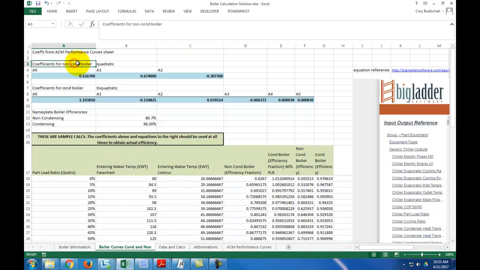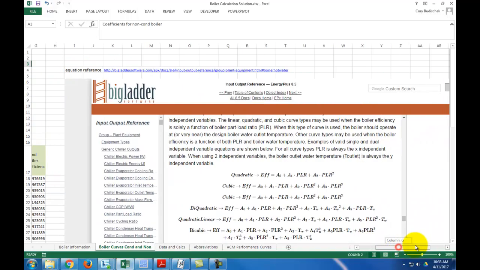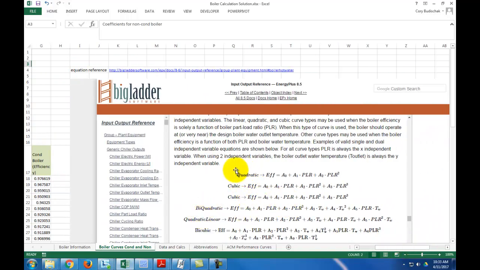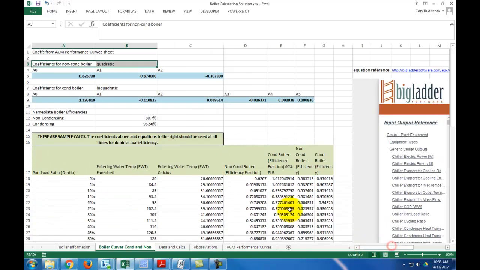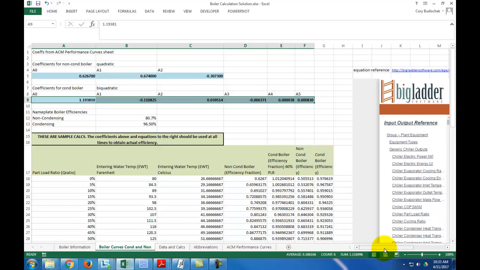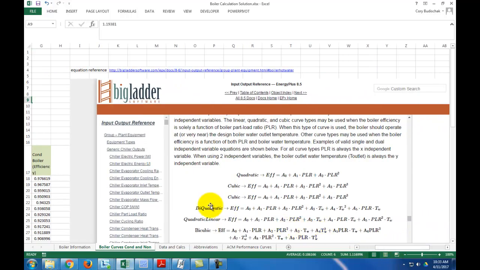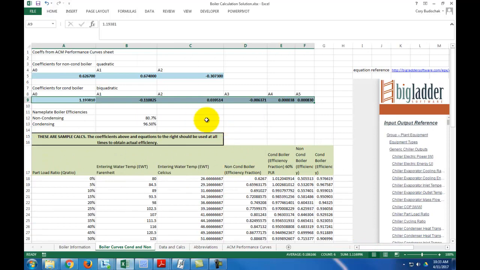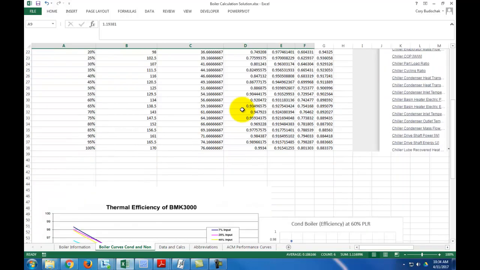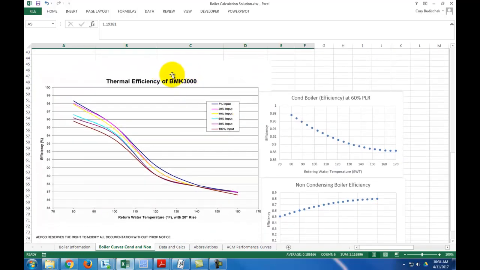For non-condensing, it's quadratic, so you would use this equation, and for condensing, it's biquadratic, and you can see there are a lot more variables all the way up to A5, so you would use this equation. So what does that mean? Let me show you, before I show you how to use these coefficients, what our boiler, the BMK 3000, looks like.